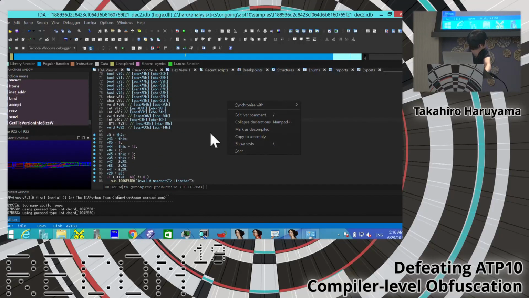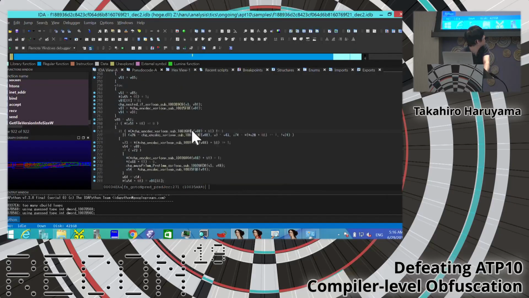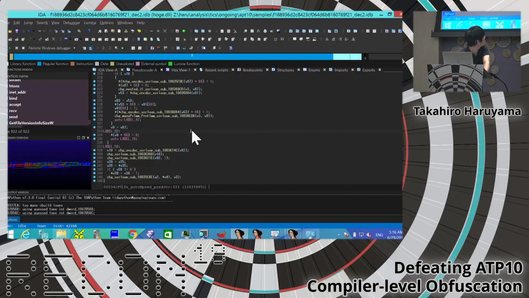The code flows from beginning to end, and the nested loop is eliminated.